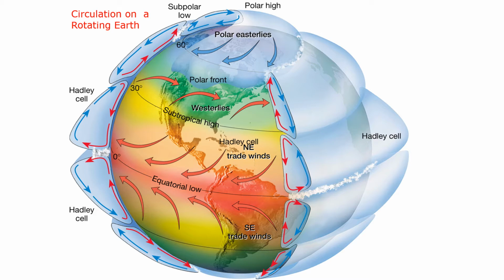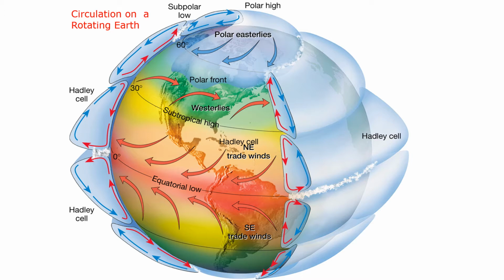So trying to balance out the imbalances in heat on Earth, that's what these wind systems are all about. So we have the thermal high pressure system in the polar regions, and we have the thermal low pressure system in the tropical regions. And we call that the equatorial low.